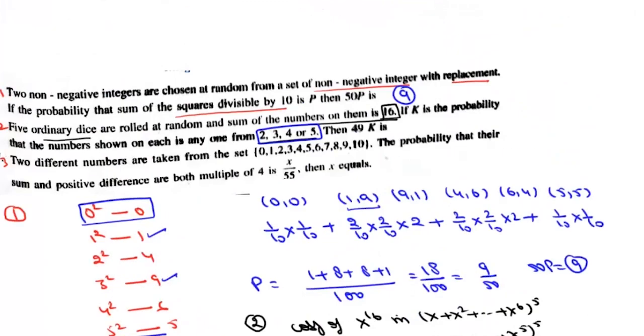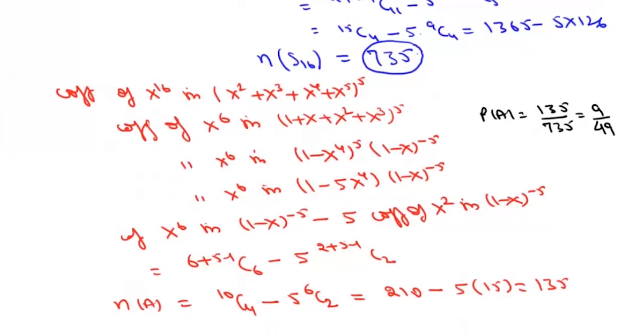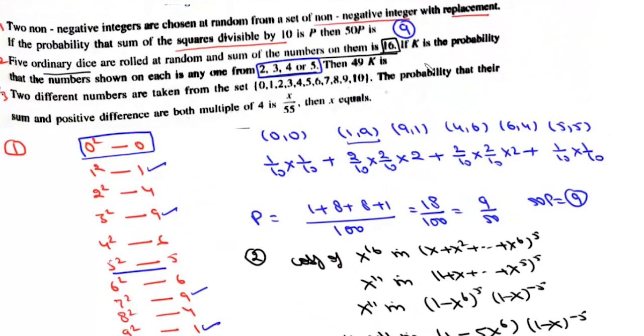And the question says this probability is k and we have to find the value of 49k. So if we look at this, the value of 49k is simply 9. So the answer to this question is simply 9.